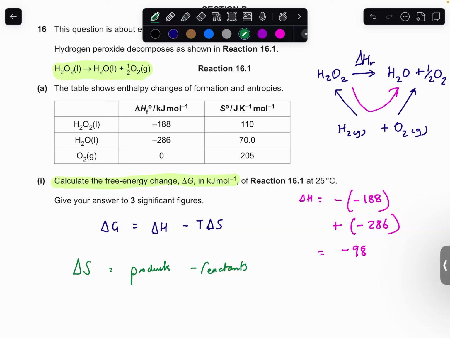So that's going to be products is 110 minus the reactant, which is 70.0 and 205.